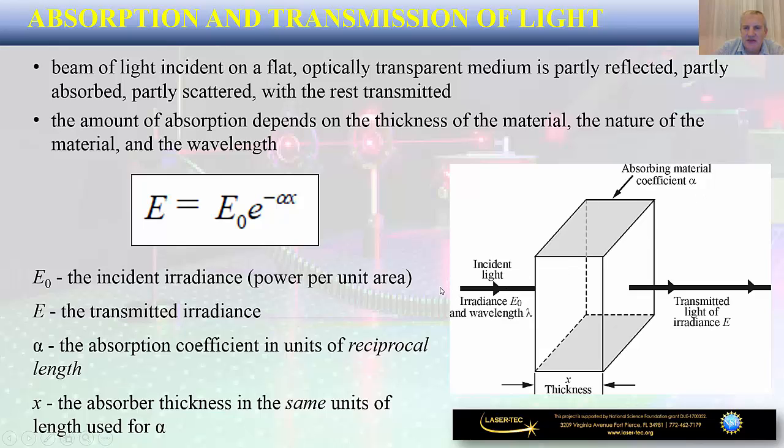From the left hand side, we have an incident light that carries a certain power, and here we are also going to introduce the concept of so-called irradiance. Irradiance represents the power over the area. So if you are, for example, looking at two different laser beams, and let's say both of those laser beams are carrying power of 10 watts.